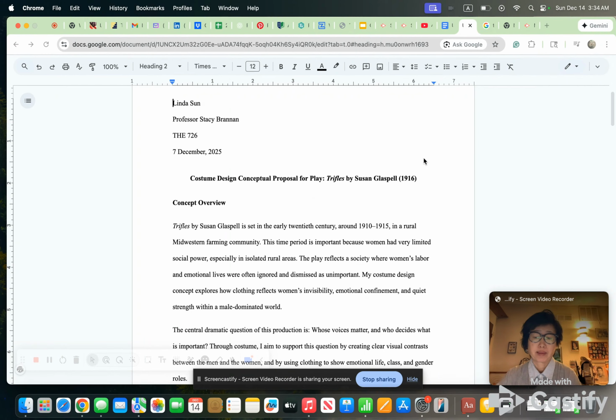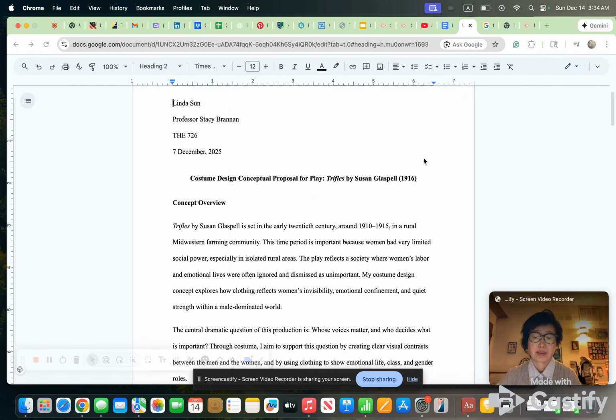So, in this play, there are 6 characters. They are first Minnie Wright, the wife of Mr. Wright, who was murdered, and George Henderson, who is the county attorney, and then there's the sheriff, Henry Peters, and then there's Louis Hale.